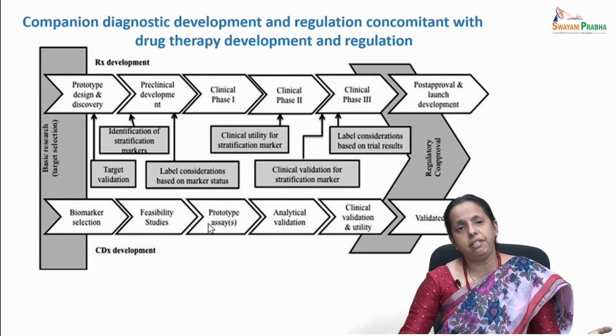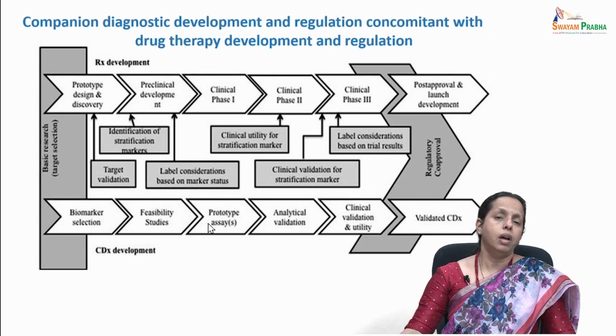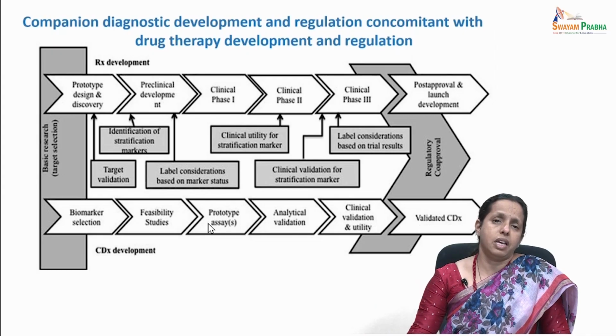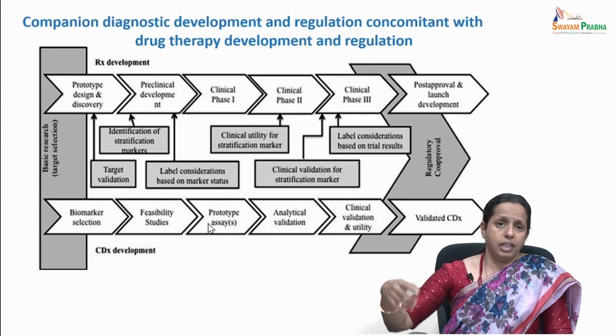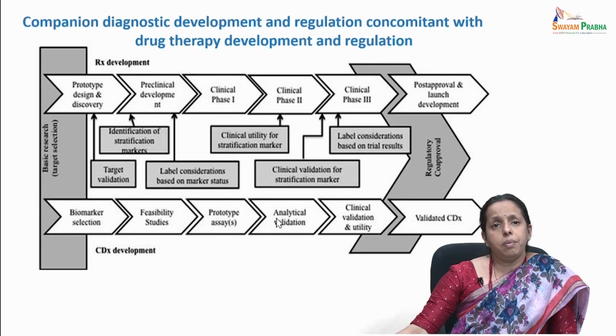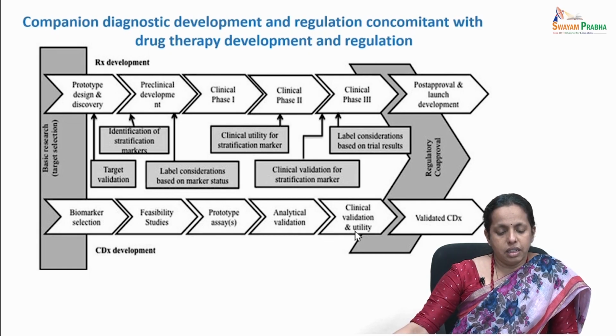Maybe a lateral flow assay, a saliva-based or filter paper based assay, or a DNA PCR assay or LAMP PCR. After you develop your prototype, you do an analytical validation and clinical validation, and then it is a validated companion biomarker.